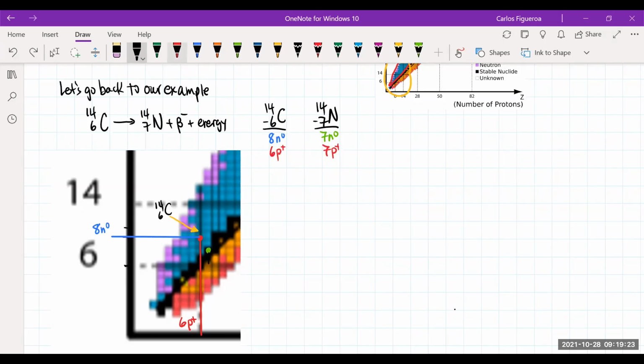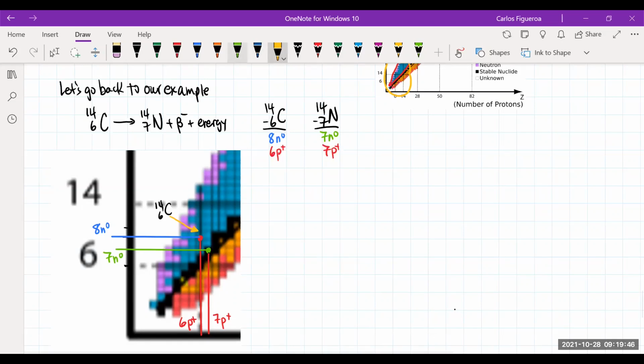This line here represents 7 protons. Then the green line represents 7 neutrons.